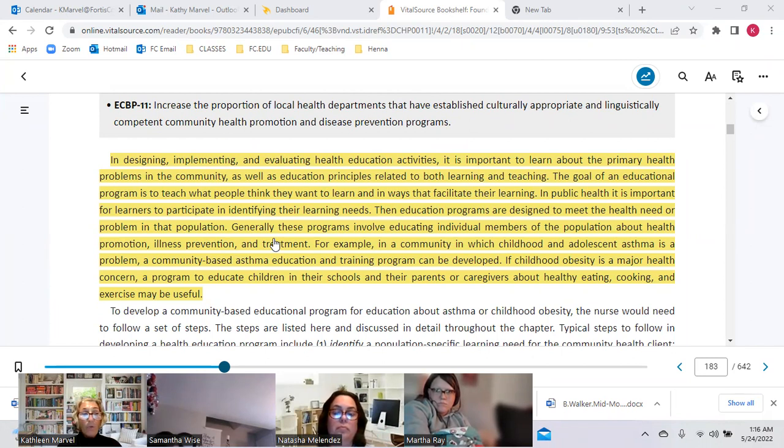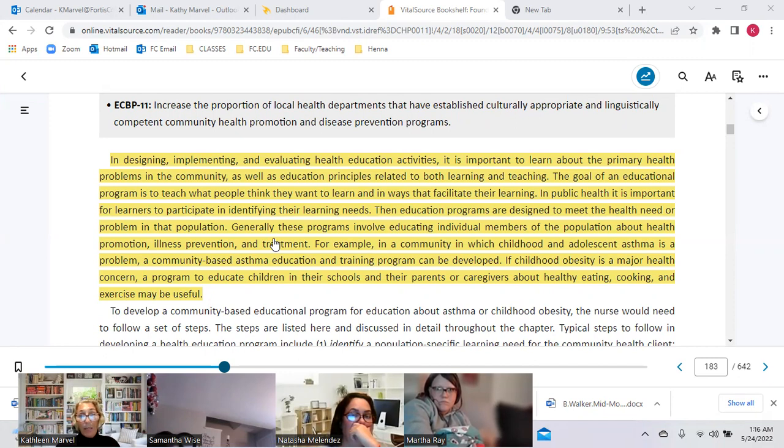The goal of educational programs in the community is to teach people what they think they want to learn in ways that facilitate their learning. We want the community participating in the development of education programs. Hopefully they'll buy into it if they're part of the planning process, right?